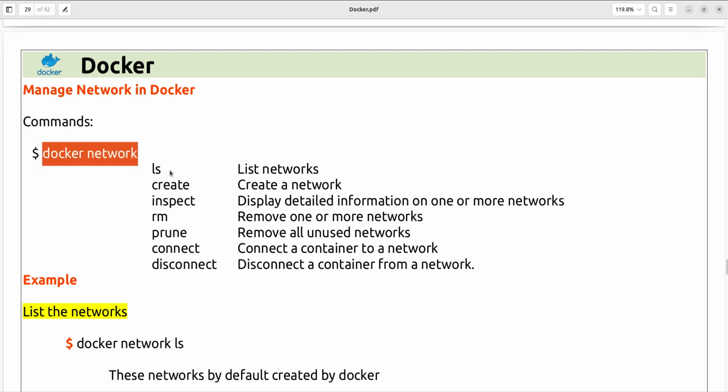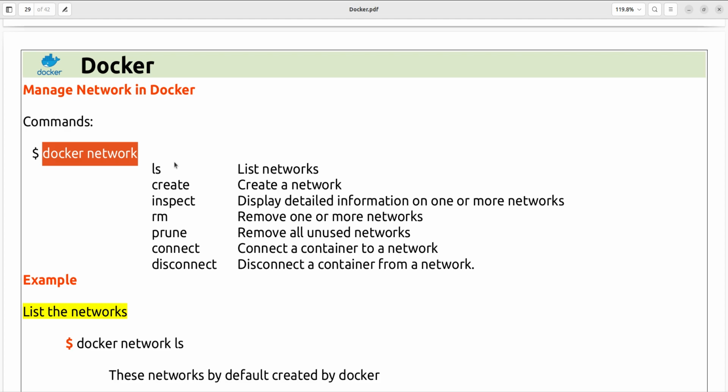If I ask how you manage a Docker image, you write commands like docker image build, docker image create, docker image remove, docker image push, docker image pull. That is the management of images.